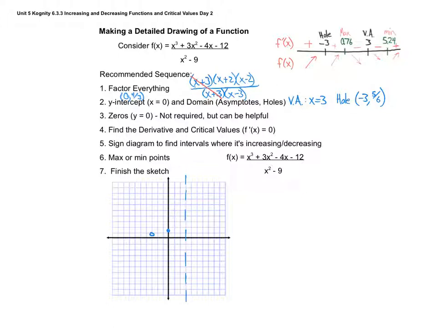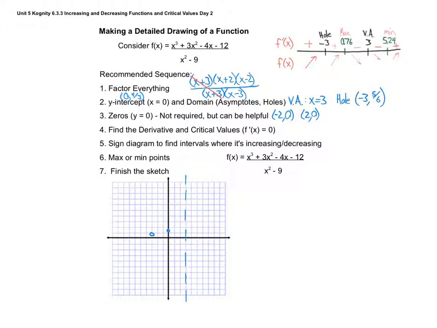Where would the zeros be in this case? 2 and negative 2. Look at the numerator after we cancel it out. In order for this whole thing to equal 0, the numerator has to equal 0. So the zeros are at negative 2, 0, and 2, 0.